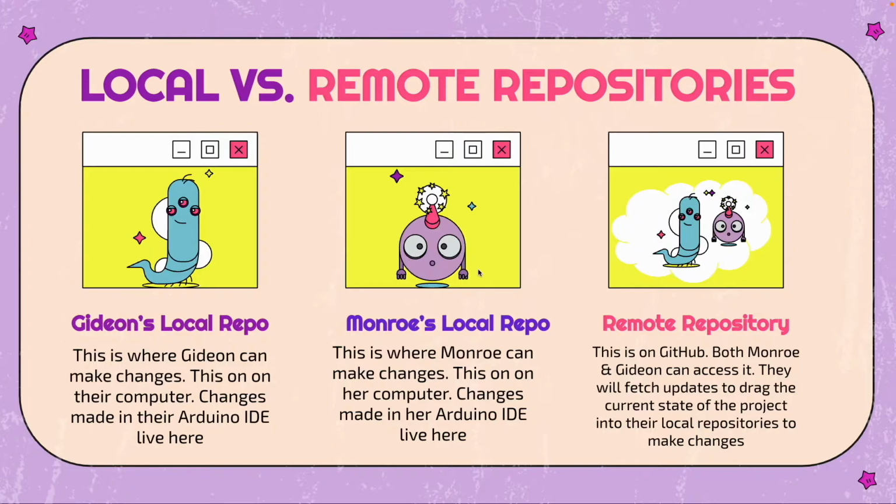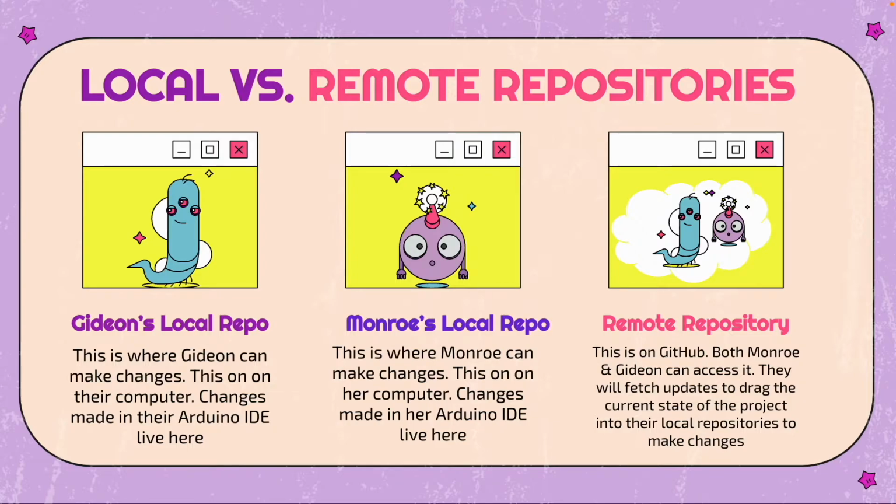So there are 2 types of repositories that we'll be going over. There is a local repository, and there will be remote repositories. Local repositories are where you as a team member can make changes. So imagine you have a file on the Arduino IDE and you decide to make some change. Maybe you just make some comments, or you add your name to the top in a comment, or maybe you change the logic entirely.